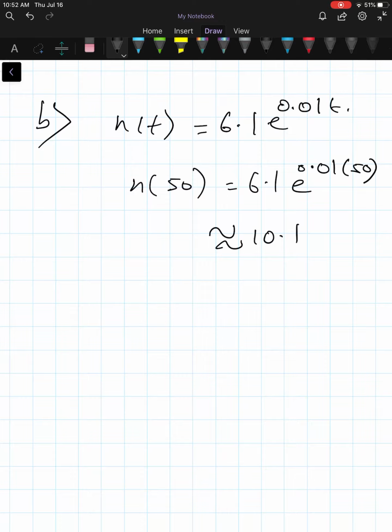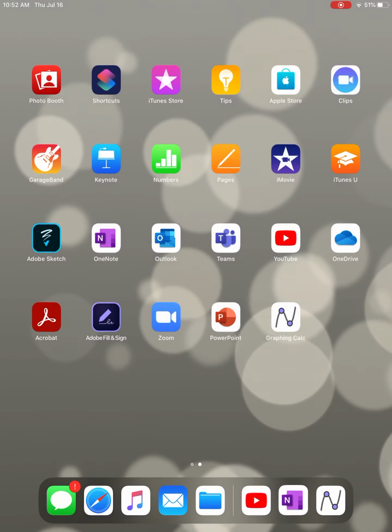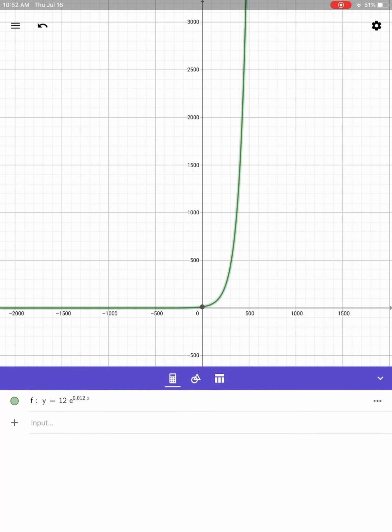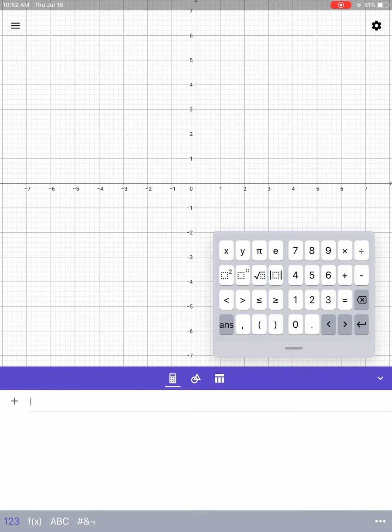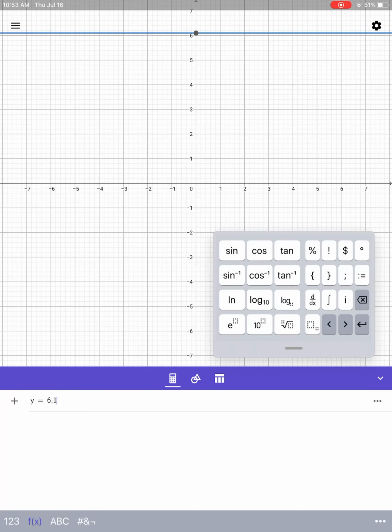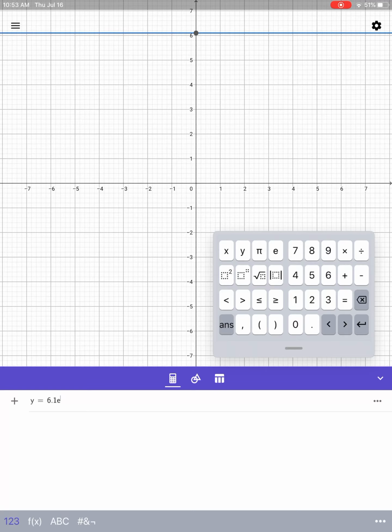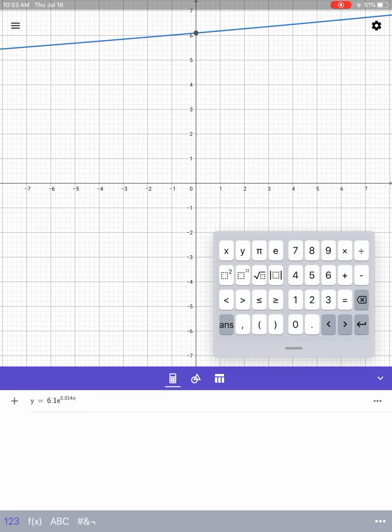And if you plot the graph for both the functions, we get y equal to 6.1 times e to the power of 0.014 x.